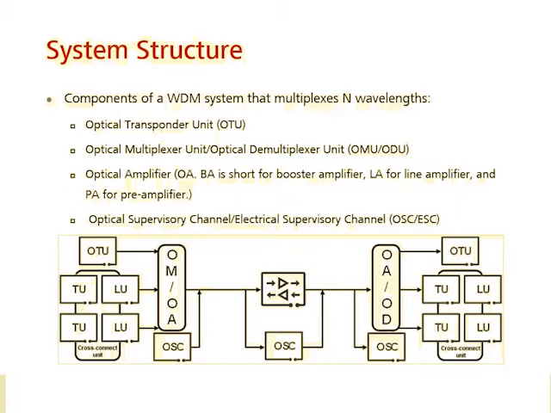Another solution is the optical regenerator. We discovered one unit and gave it the name optical amplifier unit. The optical amplifier unit can amplify your signal power directly. It doesn't care how many wavelengths you have in the same fiber.